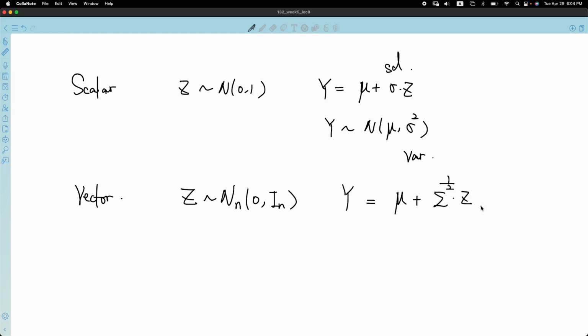If you have a transformation that looks like this, then the resulting random variable y follows a multivariate normal with mean vector mu and covariance matrix sigma. So this is sigma 1/2, this is the sigma matrix itself. This is just the scalar and the vector version, but essentially they are the same thing.